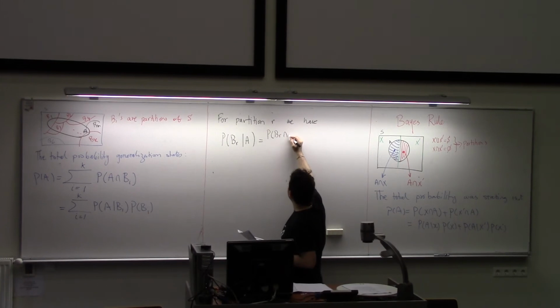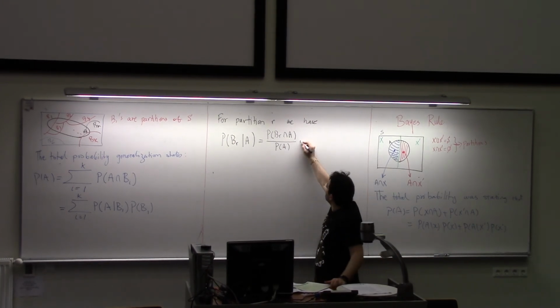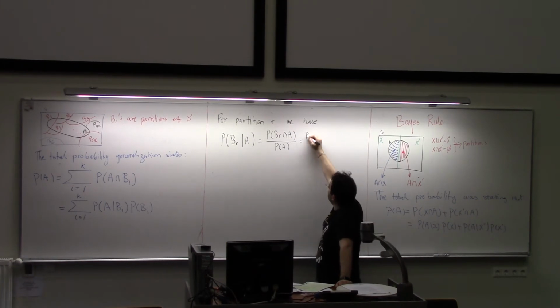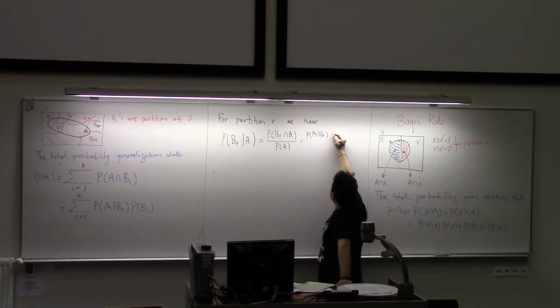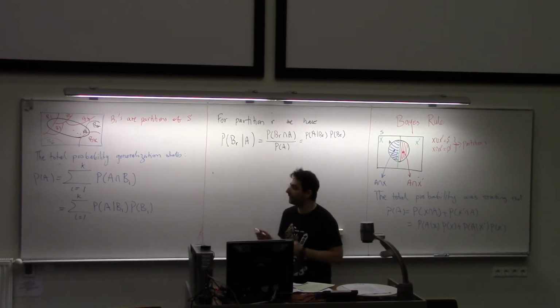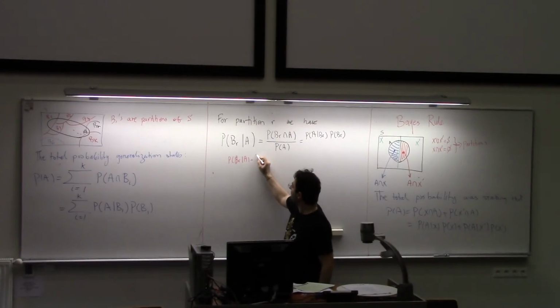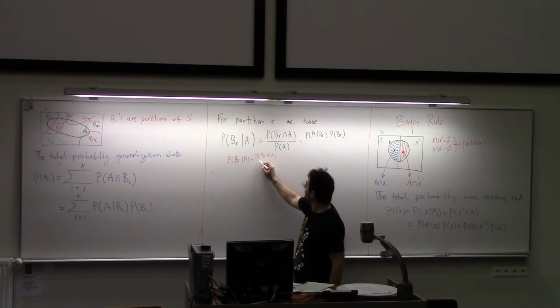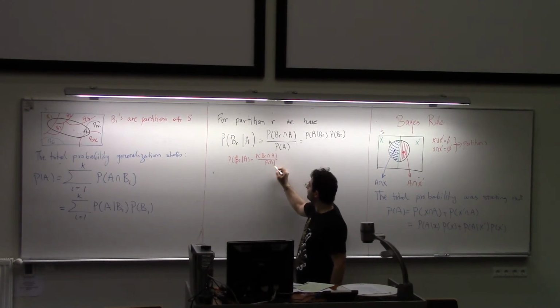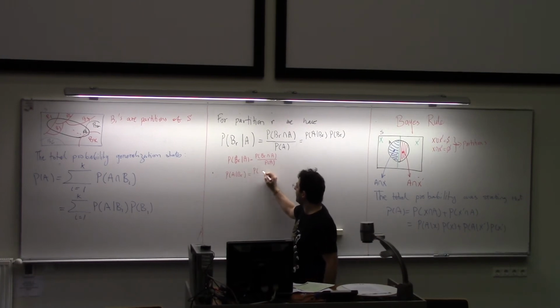It's the intersection of BR by A divided by the probability of A. Look, the probability of BR given A is the probability of BR intersected by A divided by the probability of A. The probability of A given BR is the probability of A intersected by BR divided by the probability of BR.